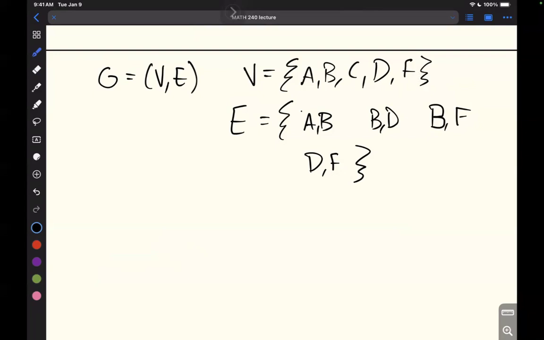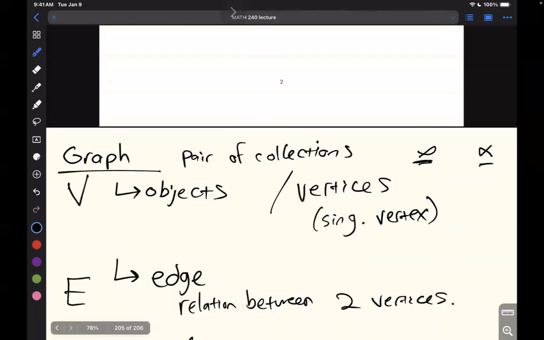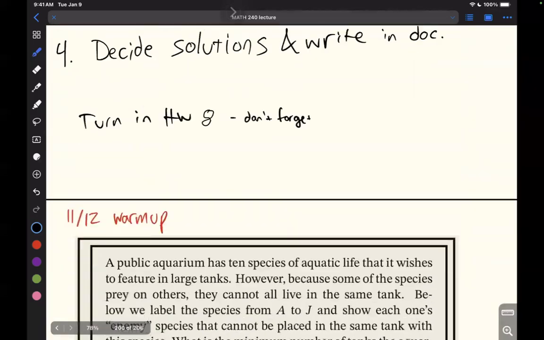And so the book writes them with curly brackets, which is okay. I typically write them with parentheses, for reasons that may become clear later, because sometimes the order here matters. In this case, they don't. You'll notice in the fish problem, let me scroll quickly back up.